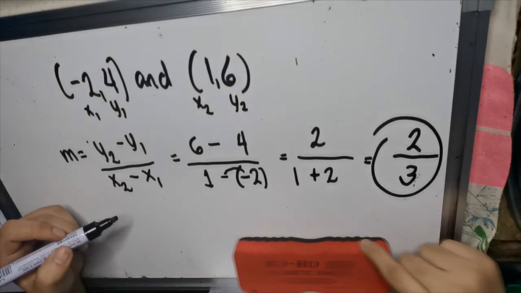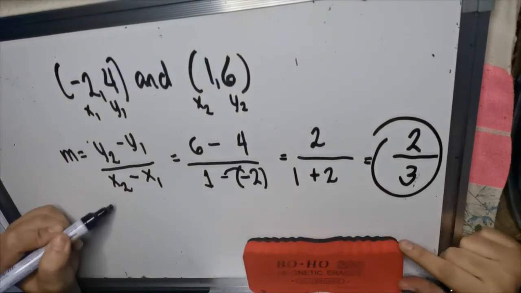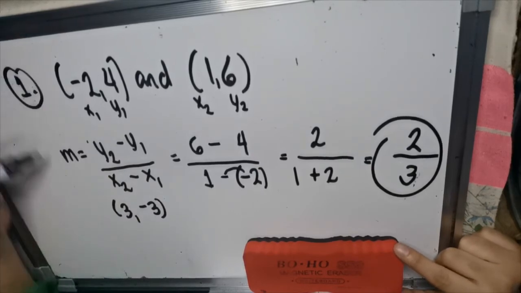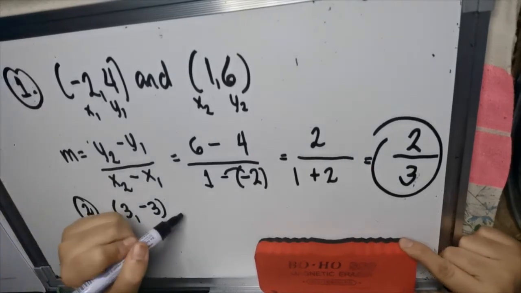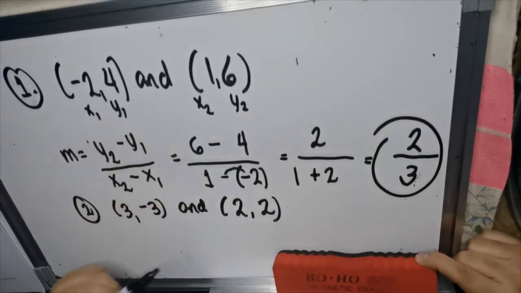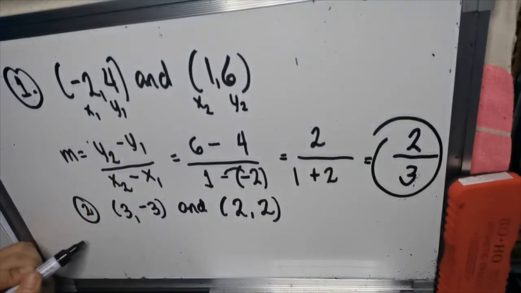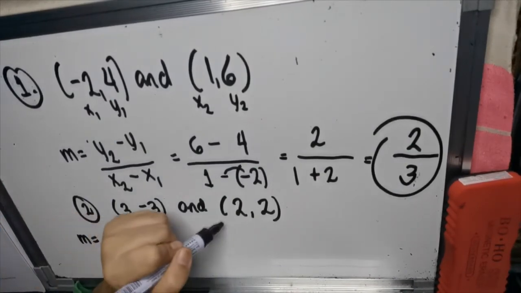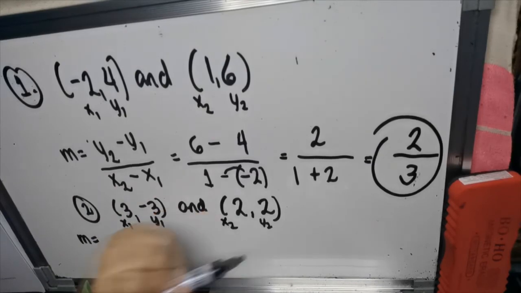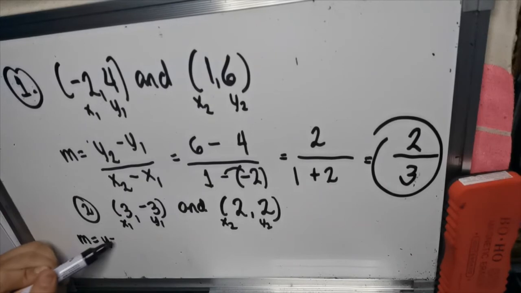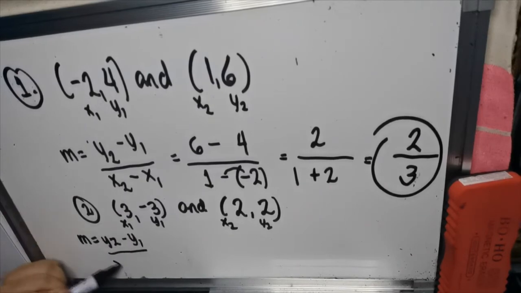Another example, say you have here 3, negative 3, and 2, 2. So, ang ating x sub 1, y sub 1, x sub 2, y sub 2. Para hindi kayo nalilito. Formula natin, y sub 2 minus y sub 1 over x sub 2 minus x sub 1.